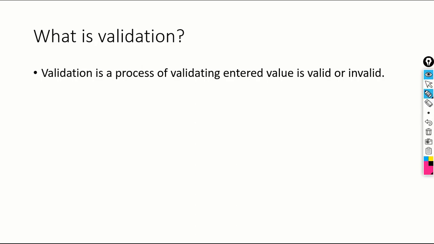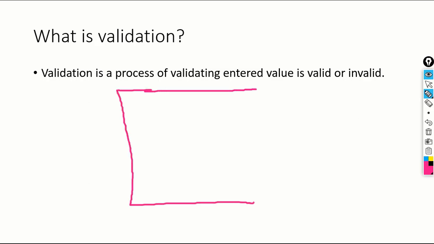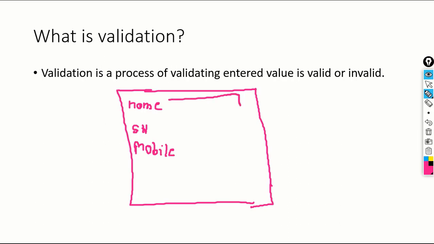Let me explain. Whenever we click on the sign up button, one page will appear. That page will have one form and that form will have many input control elements like name, surname, last name, then we have mobile number, correct, and in front of those labels we will have fields to enter our data, correct.